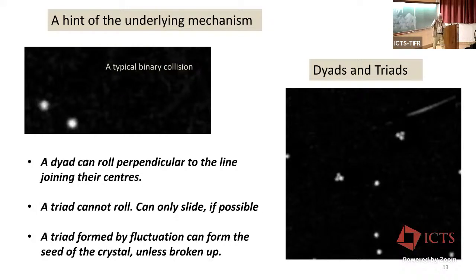What happens is that a dyad can only roll perpendicular to the line joining their centers. Look, if there is static electricity there, nothing like this is possible. You charge them and they just fly apart. Charge is out of the question.